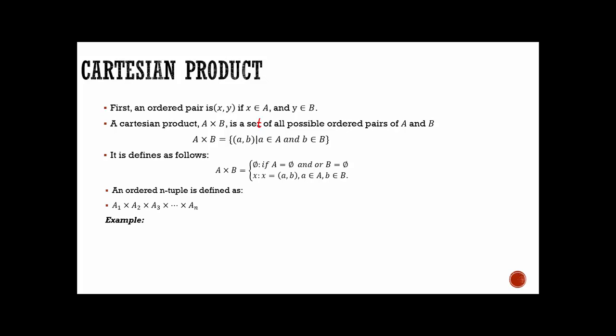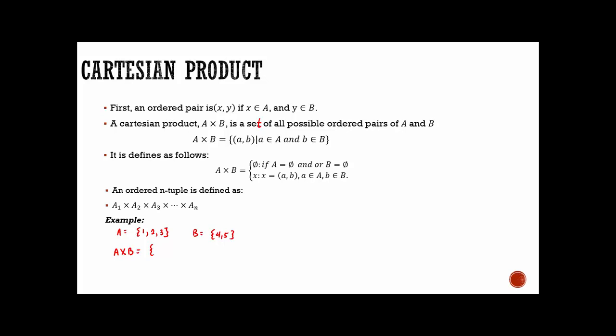So an example representing this Cartesian product can be the following. We have set A, which is equal to 1, 2, and 3, and set B equal to 4 and 5. Then the Cartesian product of A and B is going to be equal to the possible pairs that we can generate with those combinations.